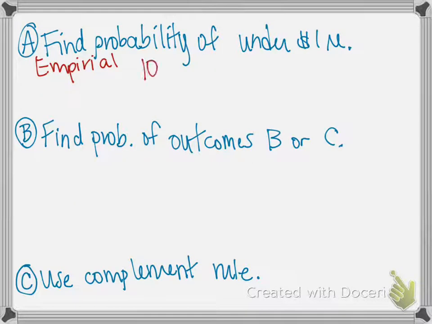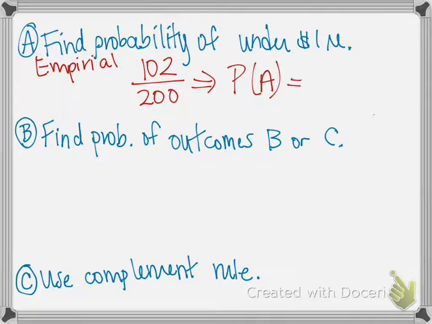So we do 102 divided by 200, and so we would say the probability of randomly selecting a firm that has outcome A, income less than 1 million, is equal to 0.51.